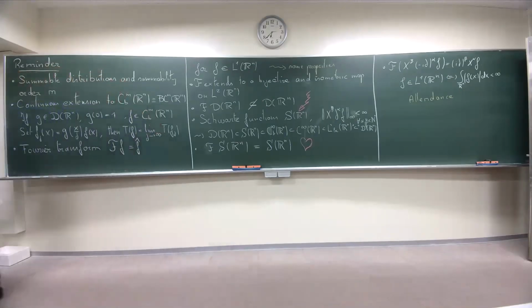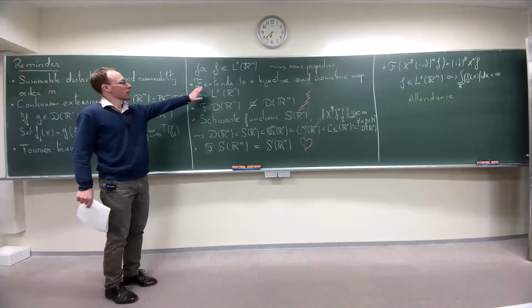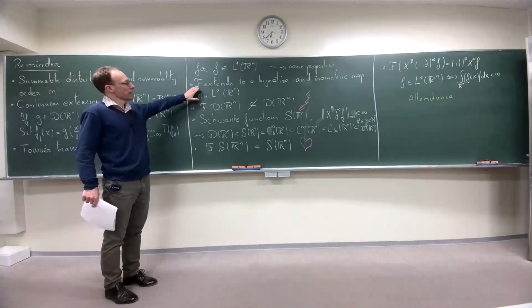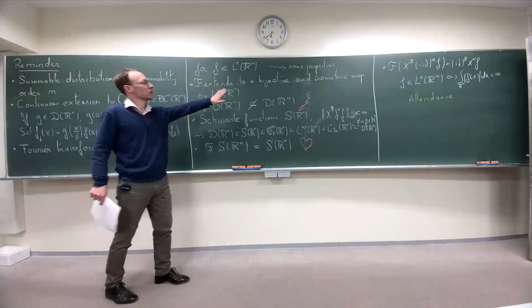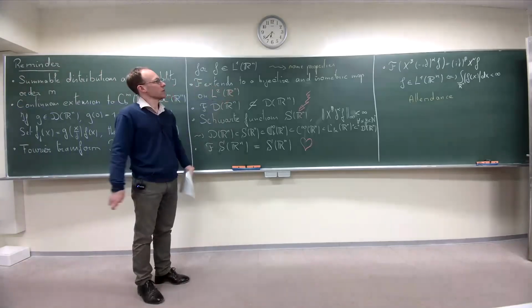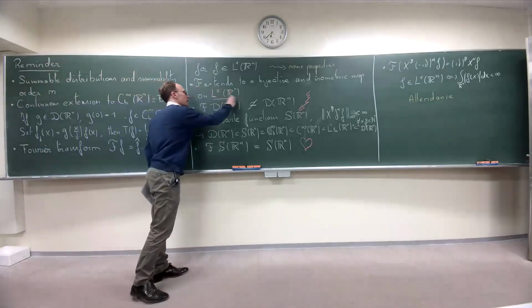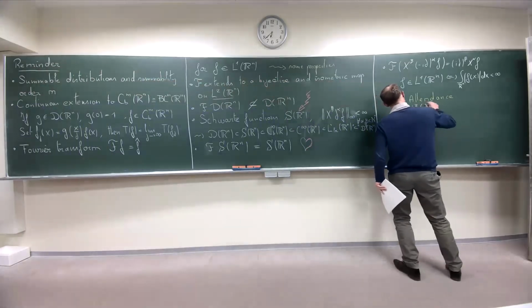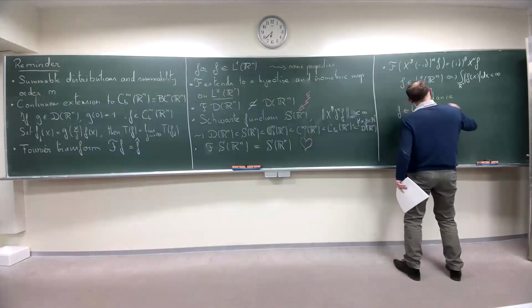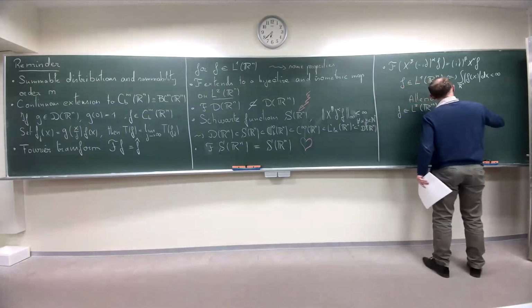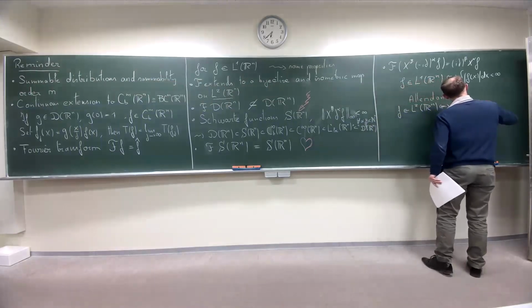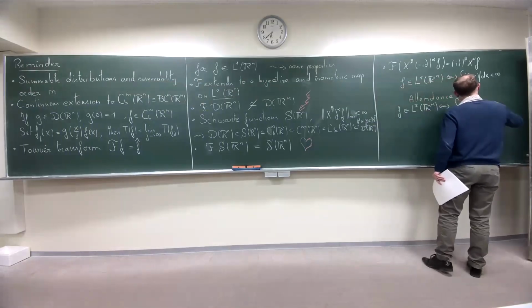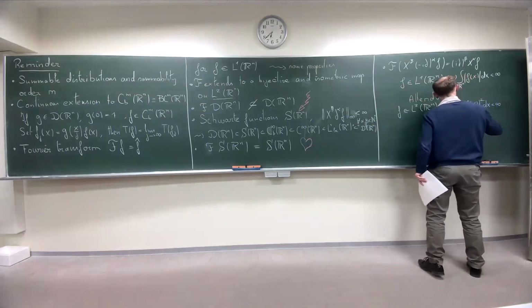And I mentioned a very important result for quantum mechanics: F can be extended to a bijective and isometric map on this space. This space, I also recall, f is in L2 of Rn if you can take the integral of f of x squared dx, and if this is finite.